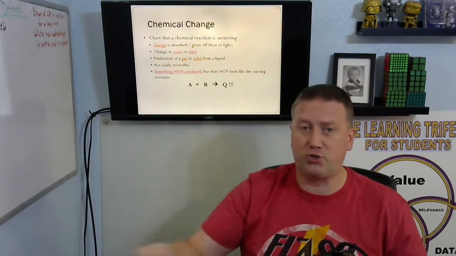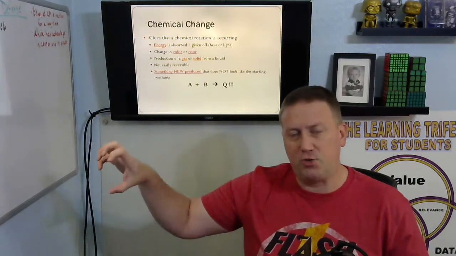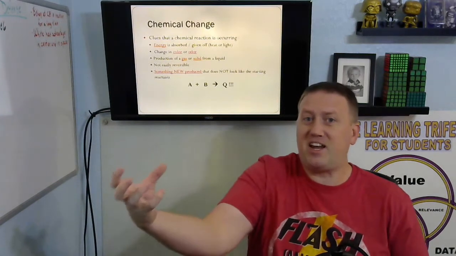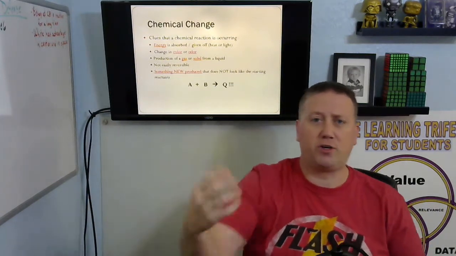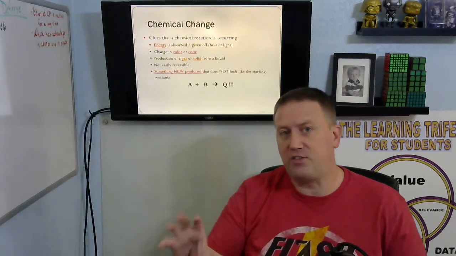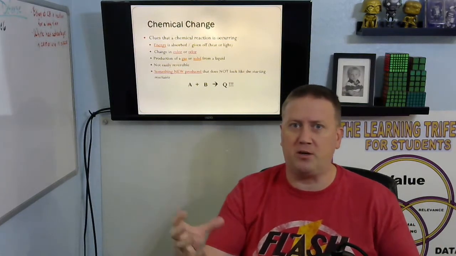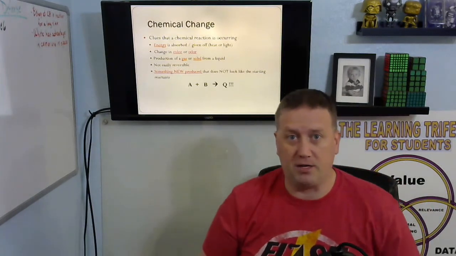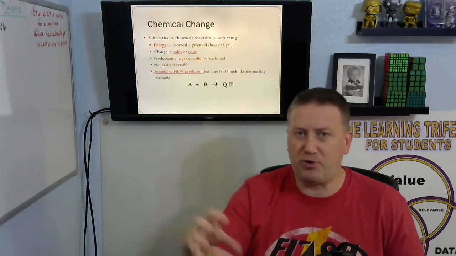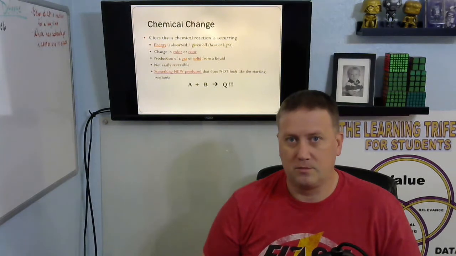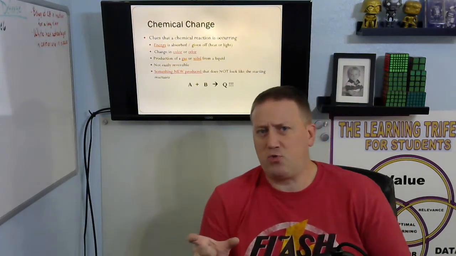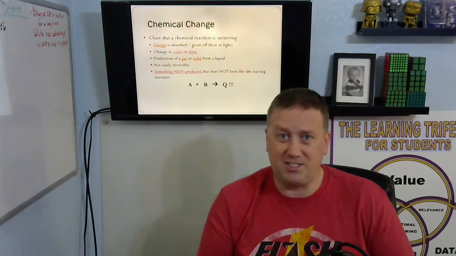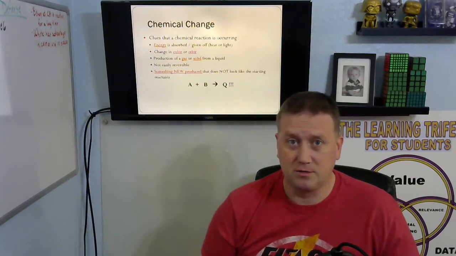It denatured the proteins and made them into a different substance. I can't take that egg and uncook it. I can't take the proteins in the albumin or the yolk and liquefy them again. I can't put the egg back. So these chemical changes are not very easy to change back.